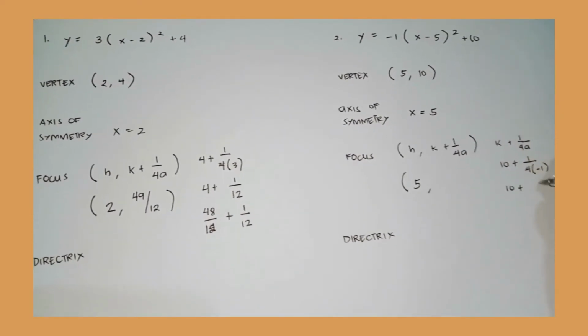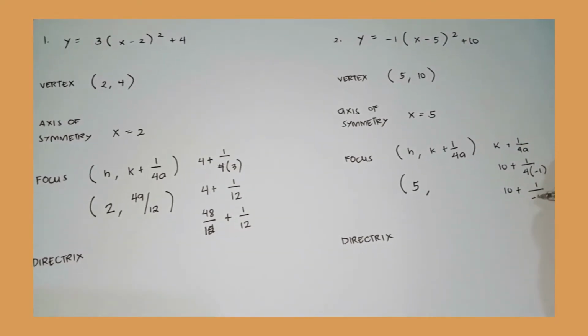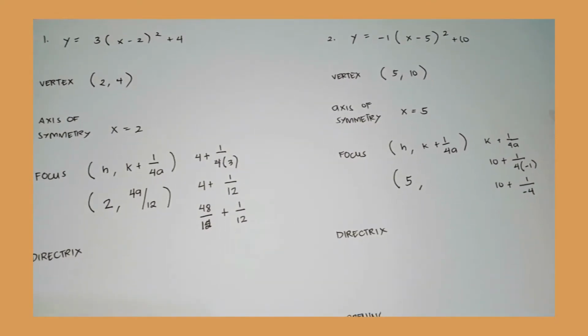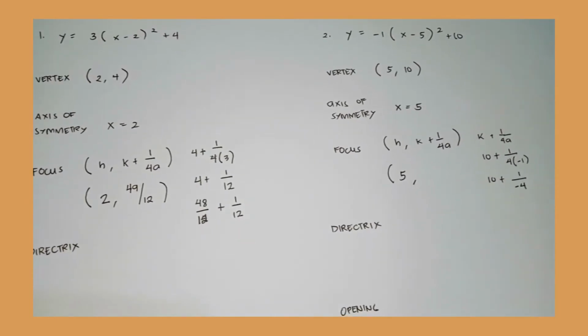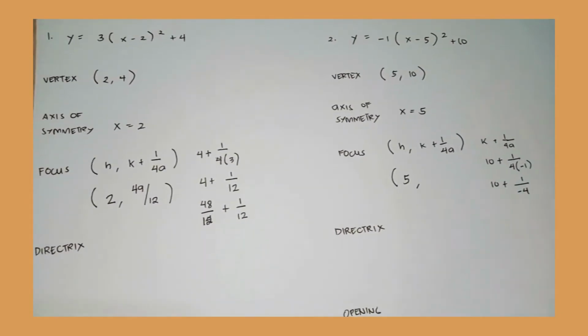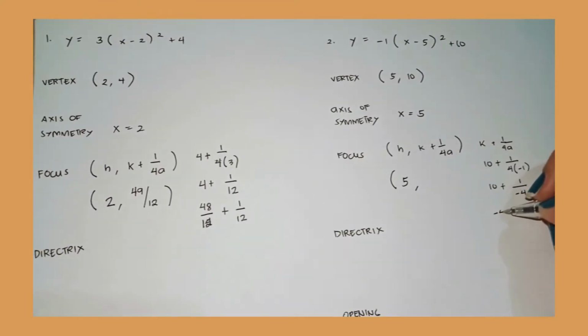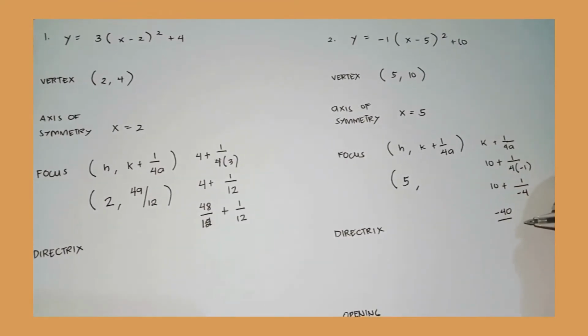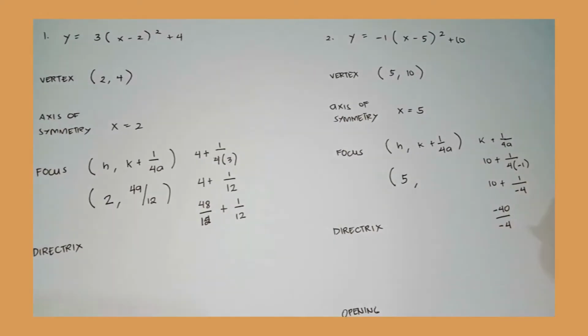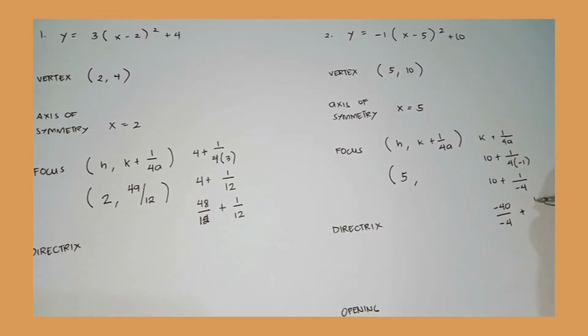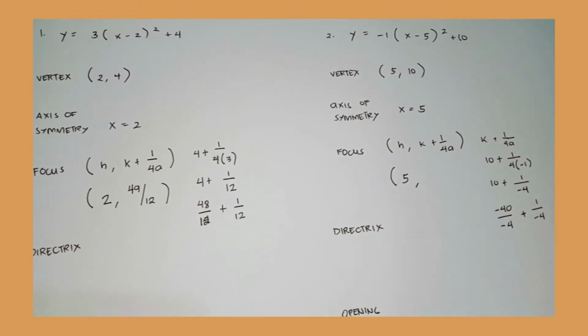10 plus 1 over negative 4. So, ito, kailangan over negative 4 din siya. So, this will be multiplied: negative 40 over negative 4 plus 1 over negative 4.